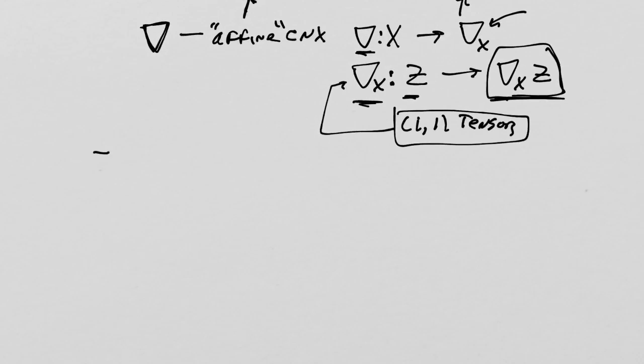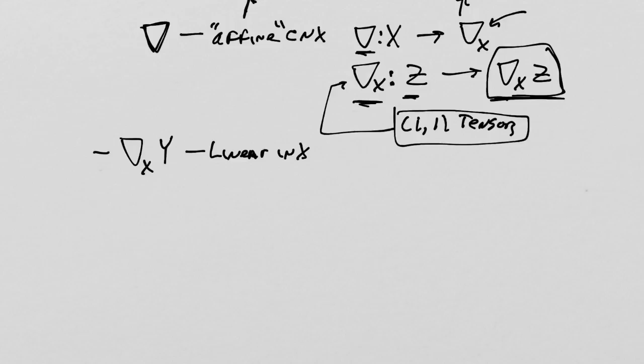Well, the first is that this covariant derivative in the direction of x of some vector field y has to be linear in x. We want it to be linear in everything.